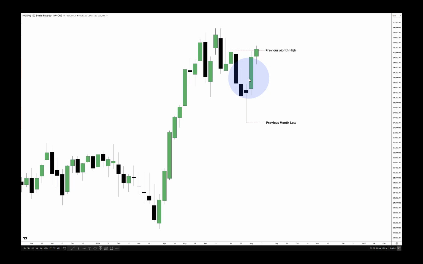If you are a CFD trader, in other words, if you're not able to participate in US futures markets in your area or geographic location in the globe, and you're trading with CFDs, you'll be using the same concept here.